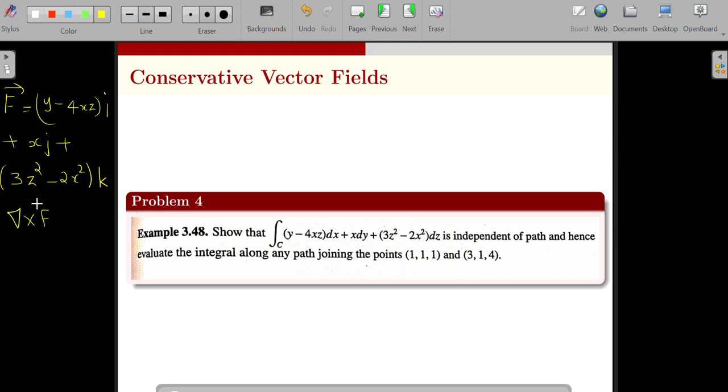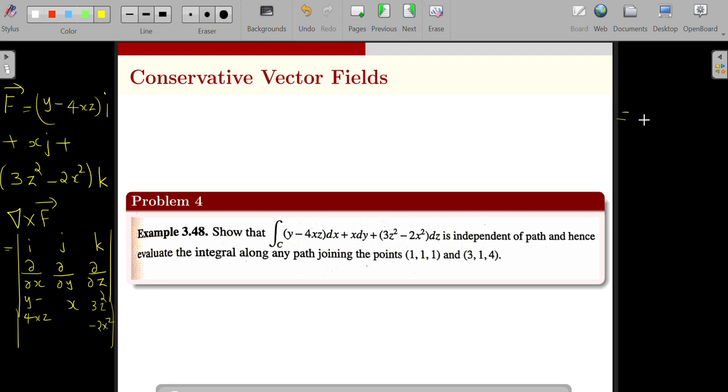So del cross f is equal to determinant of i, j, k, dou by dou x, dou by dou y, dou by dou z, y minus 4xz, x and 3z square minus 2x square. So we have to calculate this particular determinant.